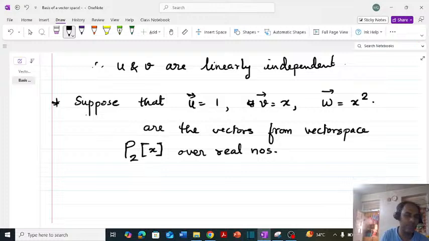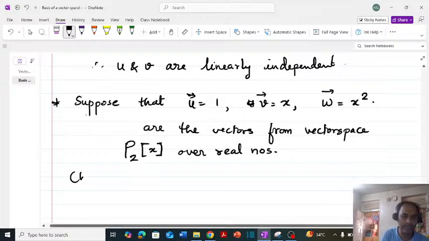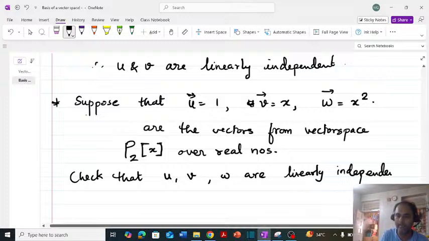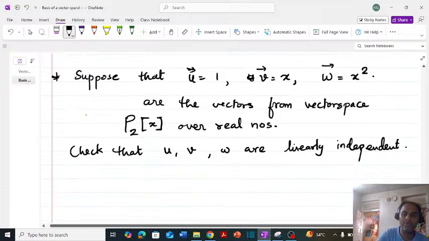Now check that u, v and w are linearly independent. If you want to check linear independence, you need to calculate the Wronskian.